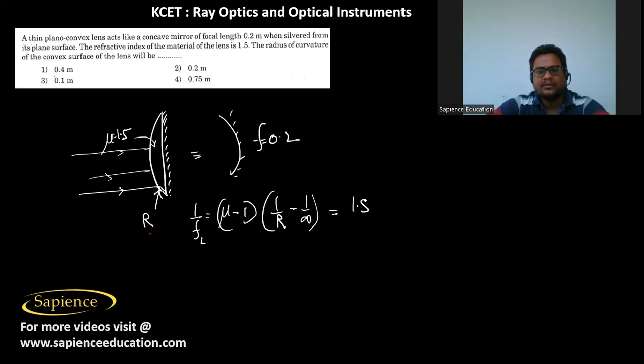So that will be (1.5 minus 1) by r, so it is 1 by 2r. It means that the focal length will be 2r. So it will converge at 2r. Therefore, the virtual object will form a real image here.